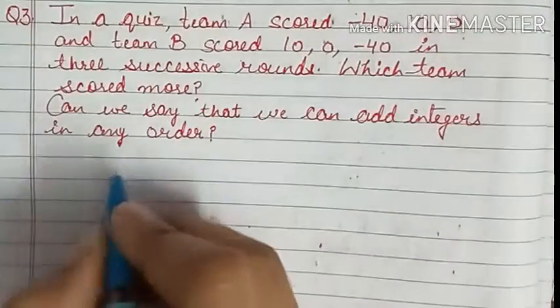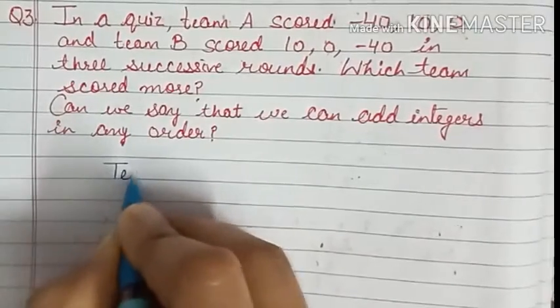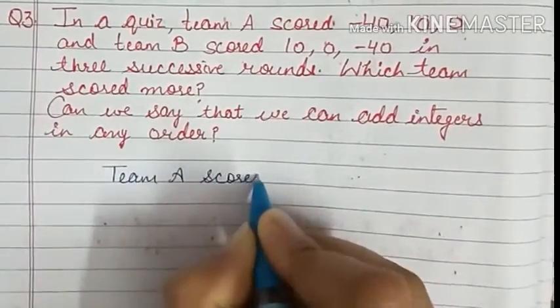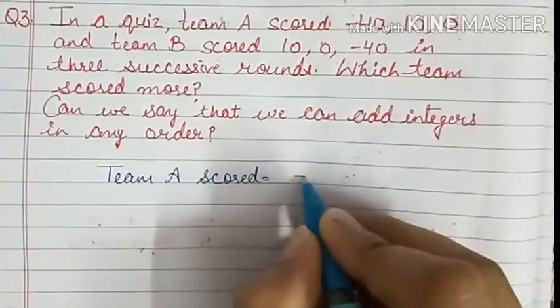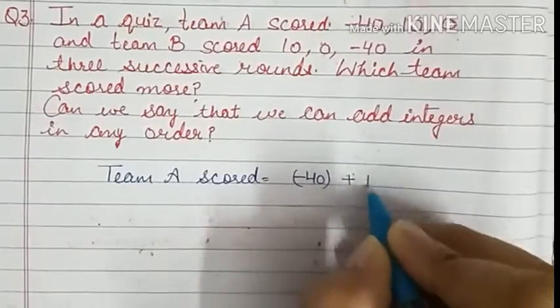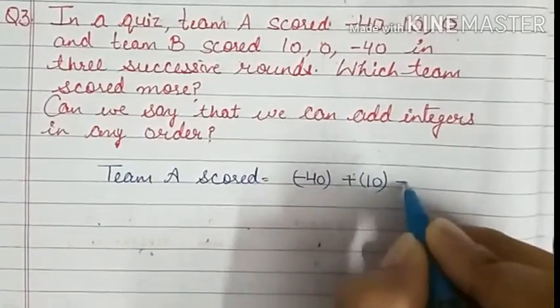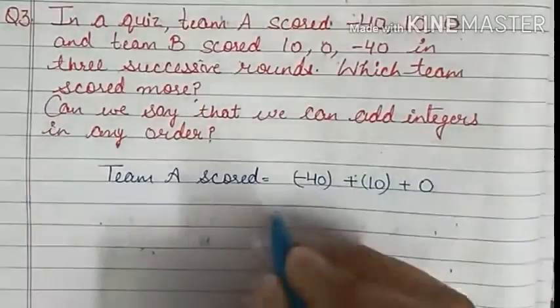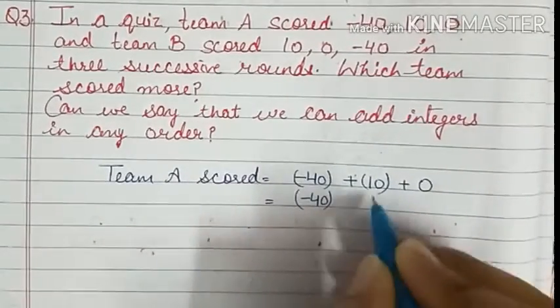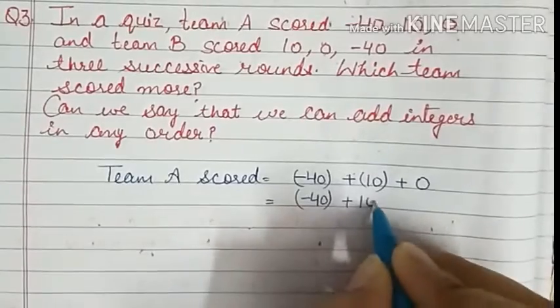So let's do it. First we will write here team A scored, that is -40 plus 10 plus 0. So -40, 10 plus 0, it will be 10.